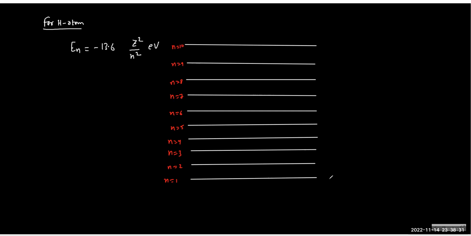So what is the energy of the first orbit for H atom? For H atom, the formula becomes 13.6/n², so for the first orbit, the answer will be minus 13.6. I will not write eV and minus, I'll just write the values. What is the next? Point something.